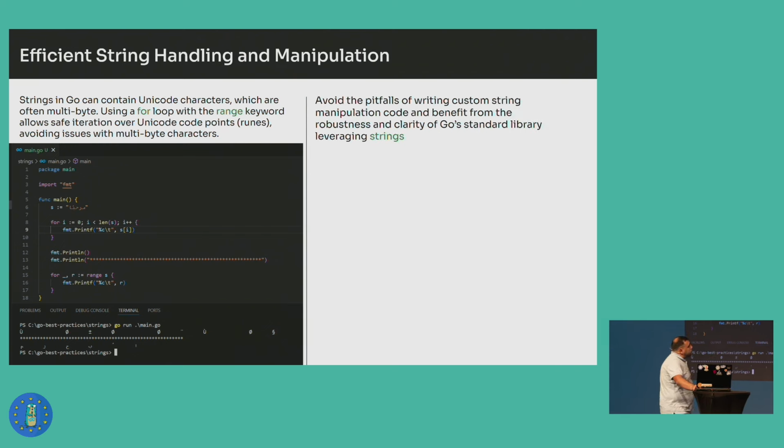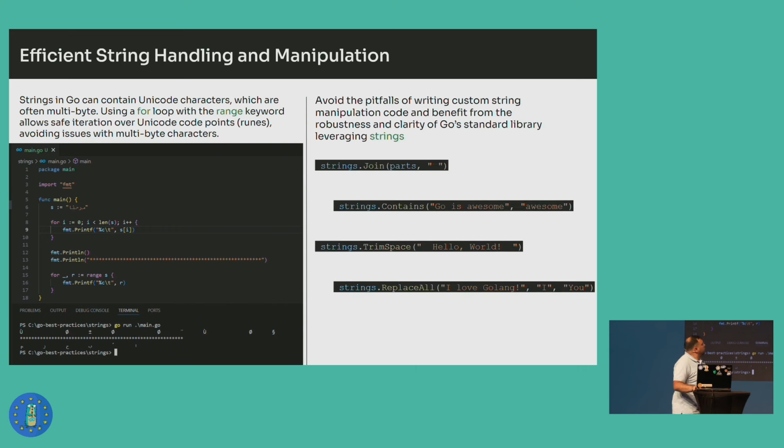Also avoid the pitfalls of writing custom functions. The standard library provides the strings package to use. Functions like strings.Join, Contains, TrimSpace, and ReplaceAll instead of writing our own functions. They are very performant.